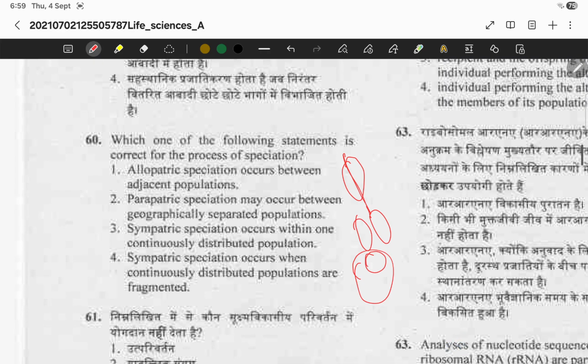Sympatric speciation occurs when populations are fragmented. Wow, what a difficult question. I'll go for third because this is the only one looking like the right answer.